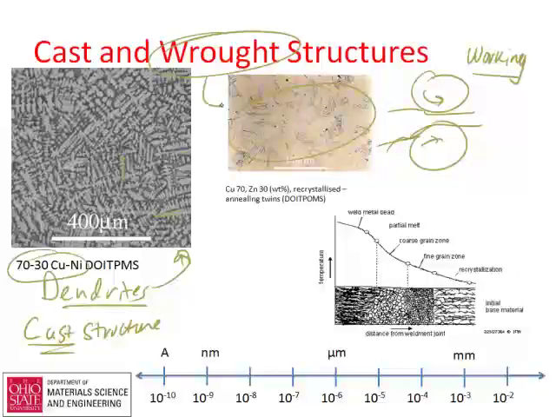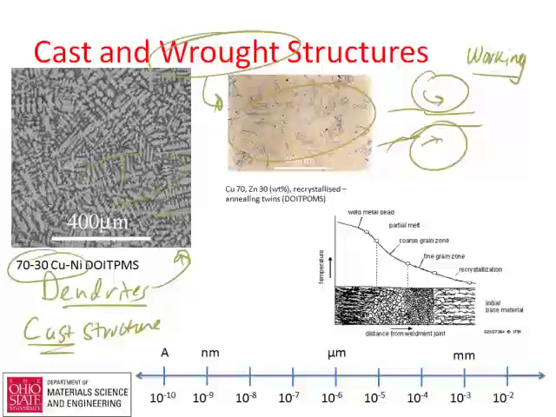And this is a wrought structure, meaning it's been deformed, and you've lost these gross dendrites and so forth. Generally, wrought materials have better properties than cast materials. That's why we almost always use wrought materials.